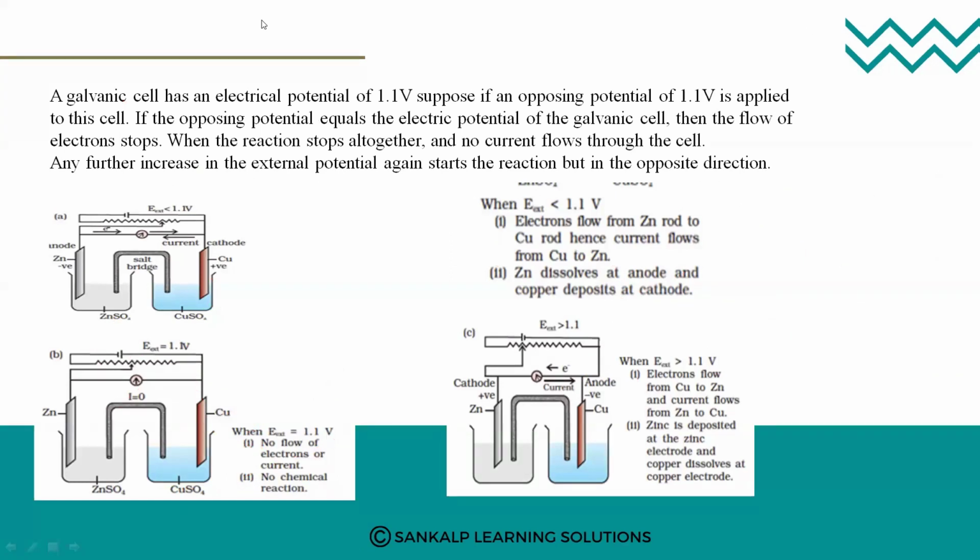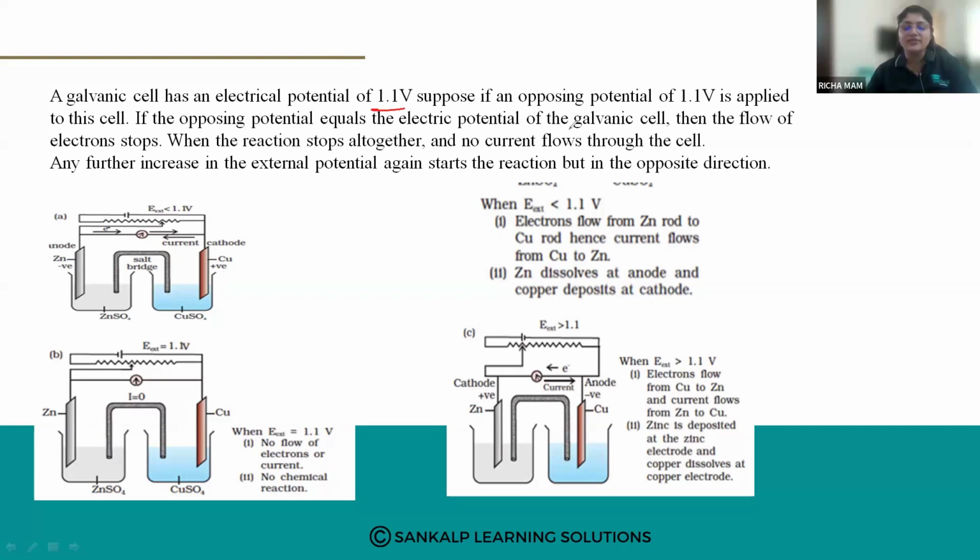So the Daniell cell, how much electric current are we supplying? The potential supplied is 1.1 volts. Now suppose a condition: if you put an external opposite potential that is less than 1.1, then what will happen?